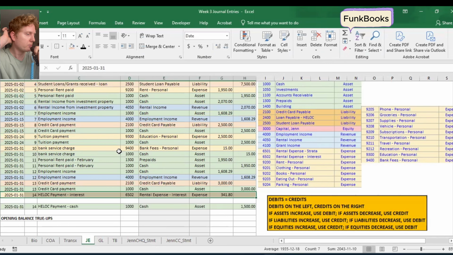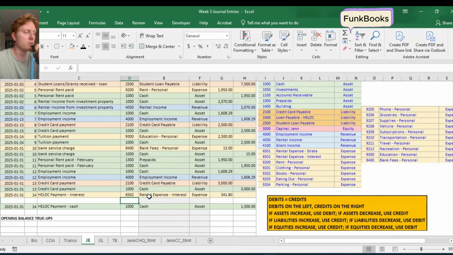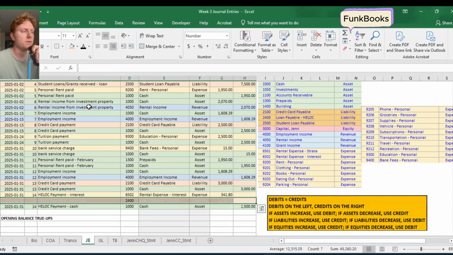So we want to separate that because we definitely want to take advantage of that. Otherwise, Jen's going to be paying too much in taxes. So we debit the expense because any expense will reduce our owner's equity. And the remainder goes to this 2,400 account, and that is related to the principal that's being paid off. So that is good there.